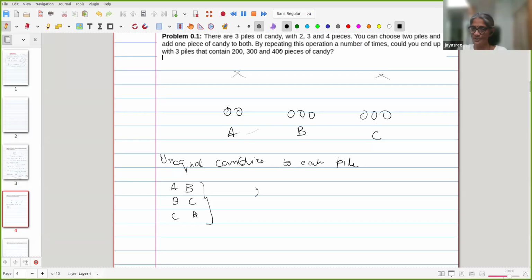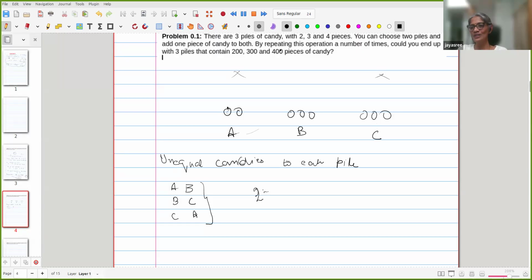Okay, what is not divisible by 2? 200, 300 and 400 are all even numbers, and 2 and 4 are even numbers. If you add to 2 and 4, you will end up with even numbers. Then we have 3, and adding to an odd number, you'll of course be getting an odd number.